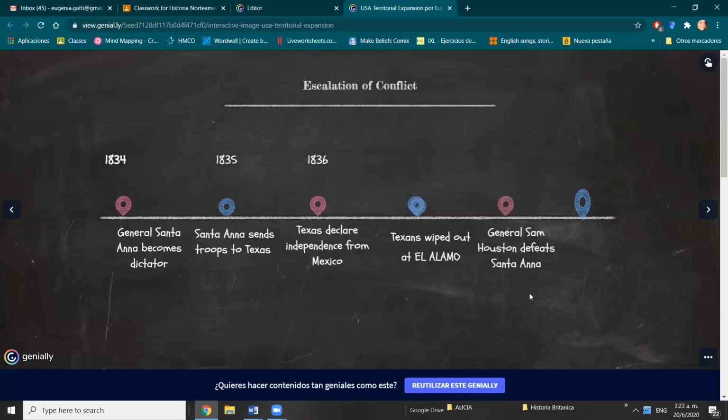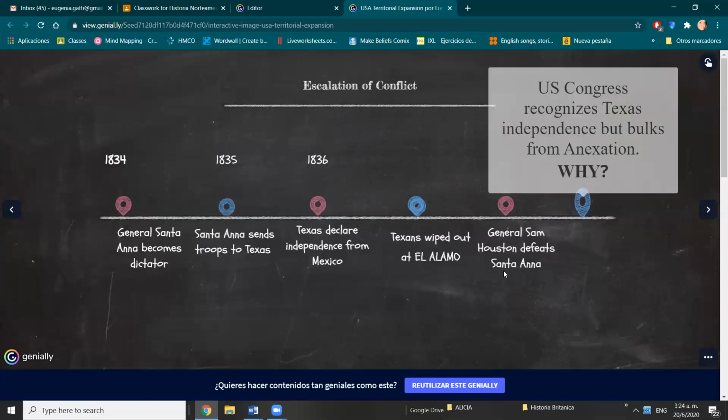Finally, in the same year, in 1836, General Sam Houston defeats Santana. The rebels finally win. And I was going to say that Houston, of course, will become also the first president of this republic, and he gives the name to the capital of the state.